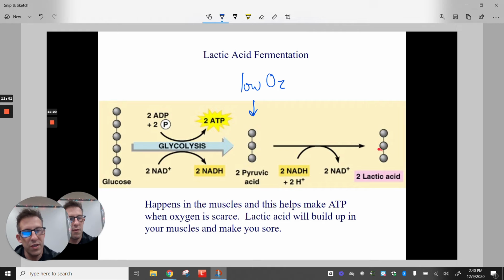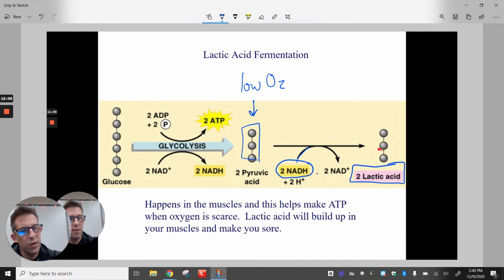Our muscle cells are going to start to revert to lactic acid fermentation, and instead of taking these NADHs to the electron transport chain, they're going to basically add those high energy electrons back into the pyruvic acid, and it's going to create a different type of molecule called lactic acid. Okay?